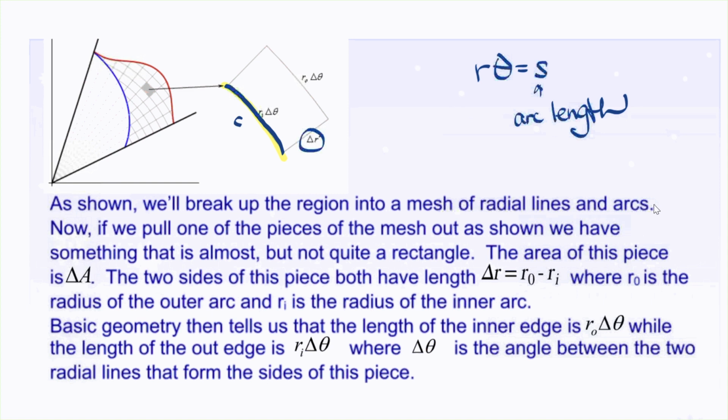So it's basically s times the change in radius. And that is what calculates the area of all these little almost rectangles. They become actual rectangles the smaller and smaller they get, because the smaller the little piece is, the more straight that edge is going to be.